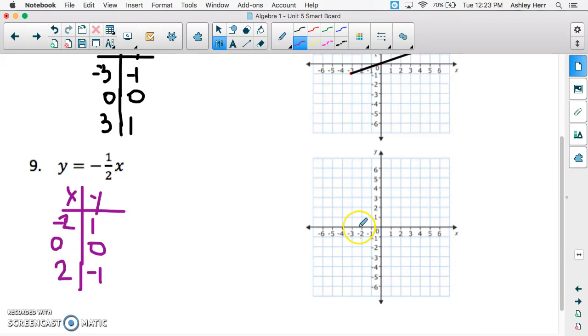So these points, -2, +1 here, 0, 0 here, and 2, -1 here, and then I connect my dots. For my line, I get this line here.